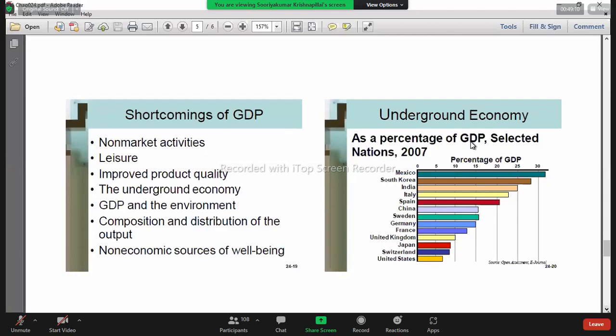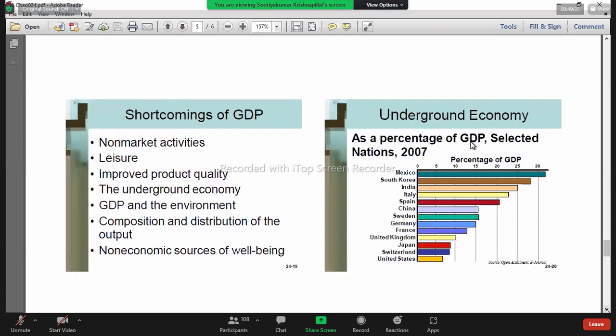And leisure. Leisure is also a very important component of human well-being. Earlier, people worked more hours.